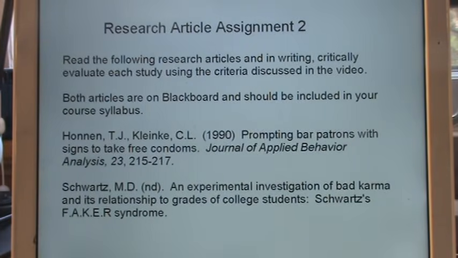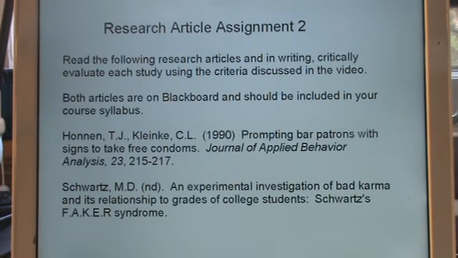Okay, so here is your assignment. You have two research articles to read critically and to write up your evaluation of them using the criteria that we just discussed in the video. Both of these articles are on Blackboard, and they should be included in your course syllabus also.